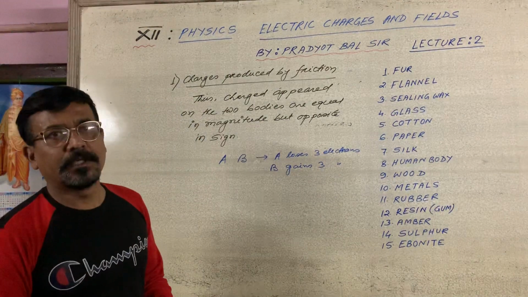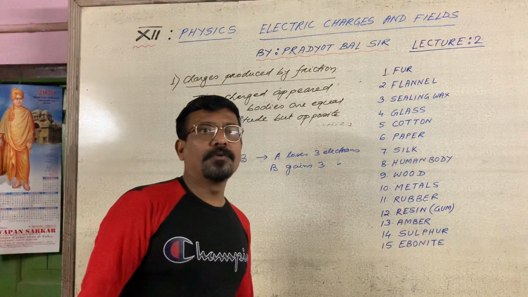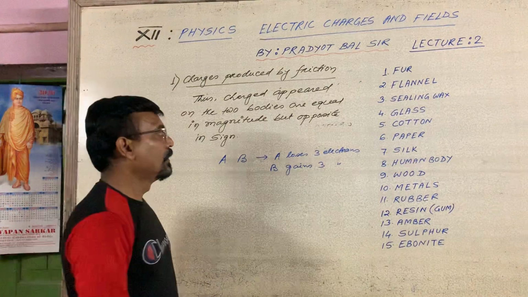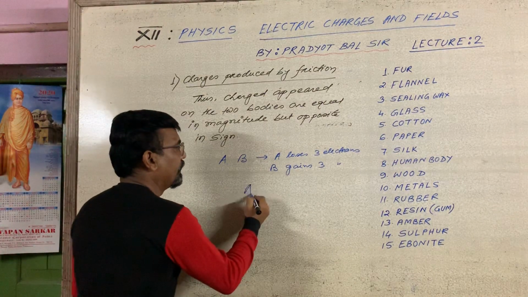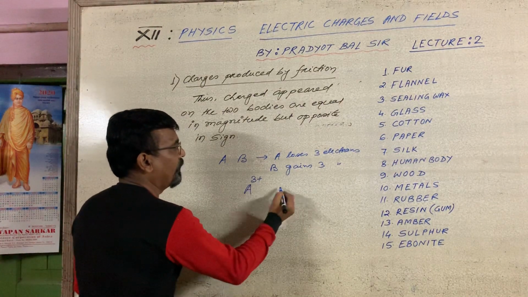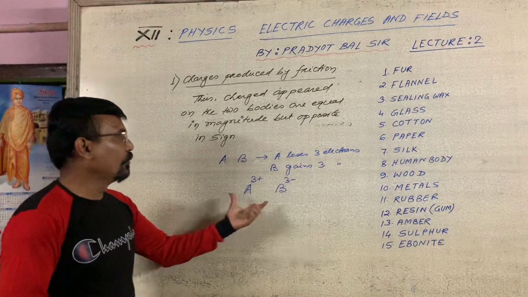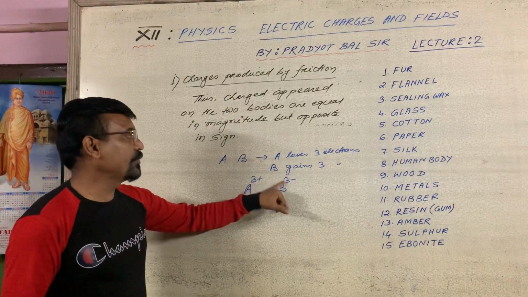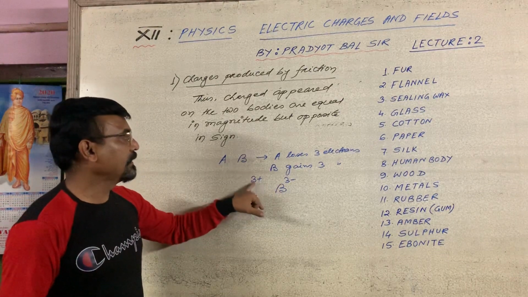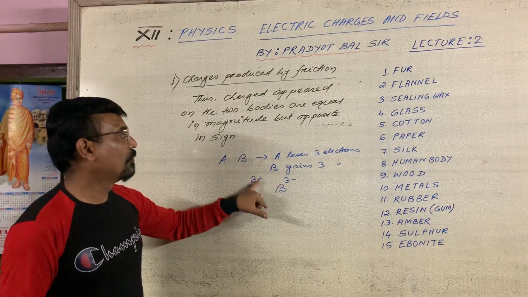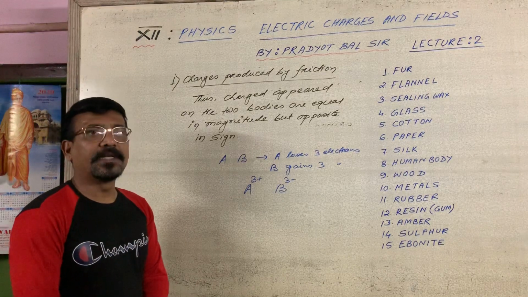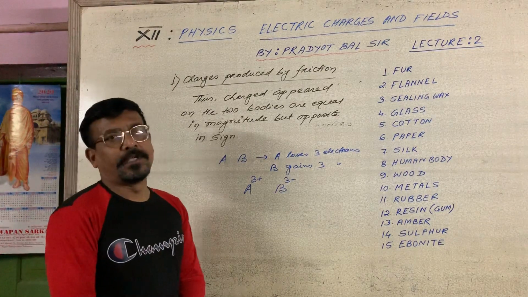Automatically A will be 3 positive and B will be 3 negative. The magnitude 3 is the same, but one is positive and the other negative, so they are opposite in nature.